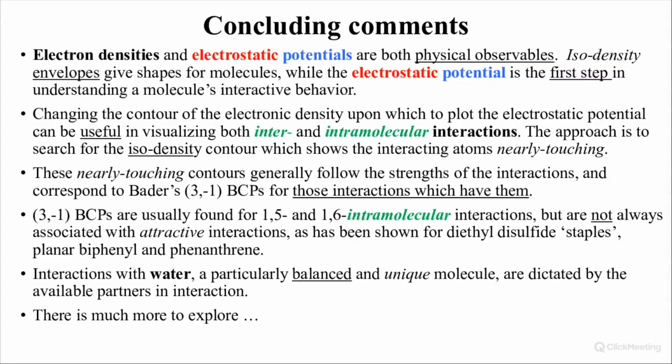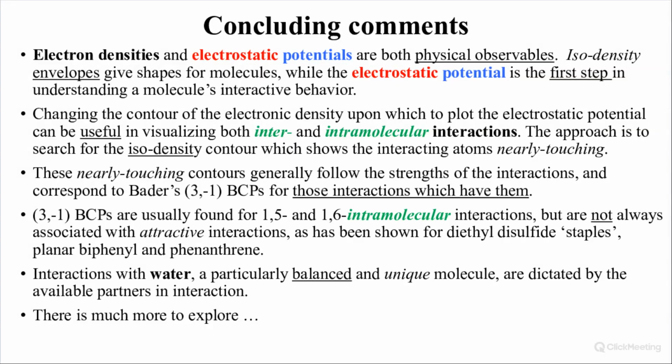Changing the contour of the electron density upon which to plot V of r can be useful and has been useful in both inter and intramolecular interactions. We look for the nearly touching contours and find that they follow the strengths of the interactions, particularly for interactions of similar types.